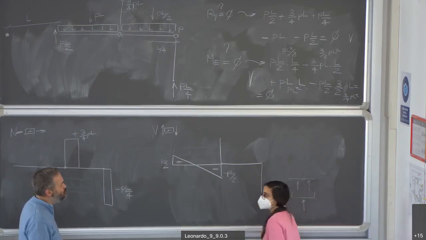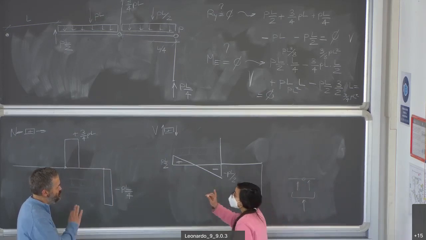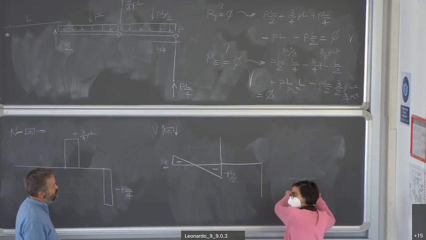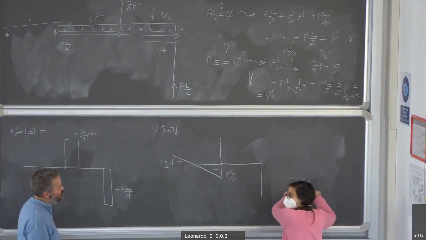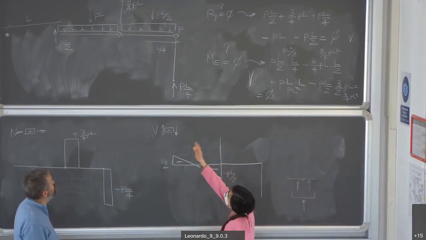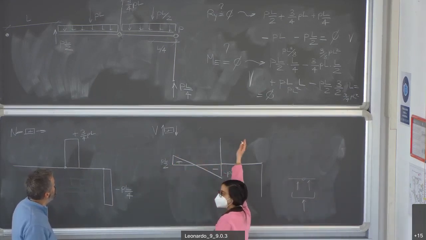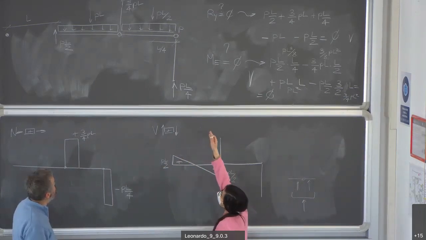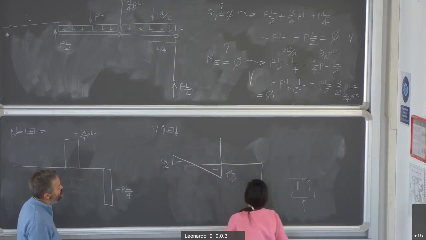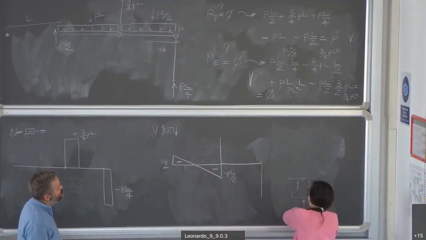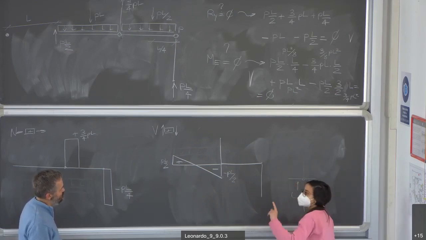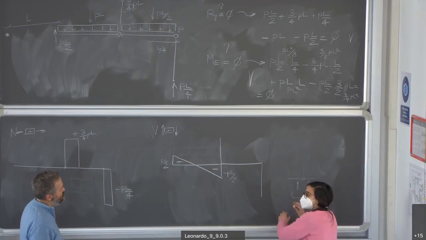You're talking about the reaction force. Okay, in this case, for example, you have PL over 2 and PL over 4. That's why the total is 3 over 4 PL, right? What do I call PL over 2, PL over 4? Shear force. Okay, so they have a reaction force, which is a combination of these two shear forces. Yes, but this is not the general way to say it. Okay. So I don't like it.